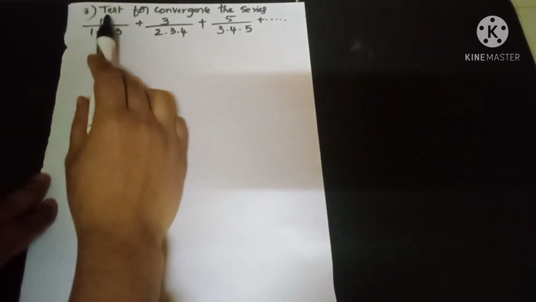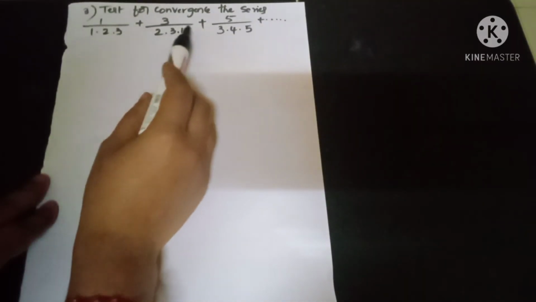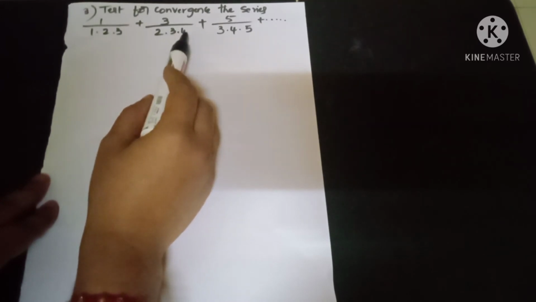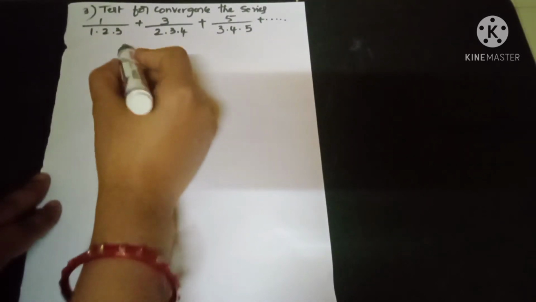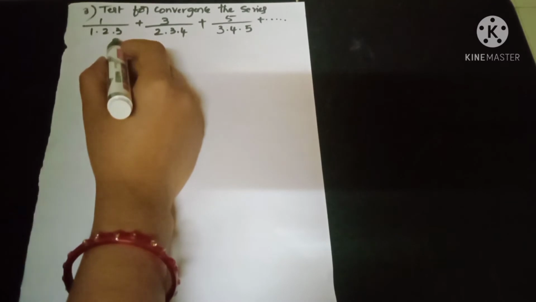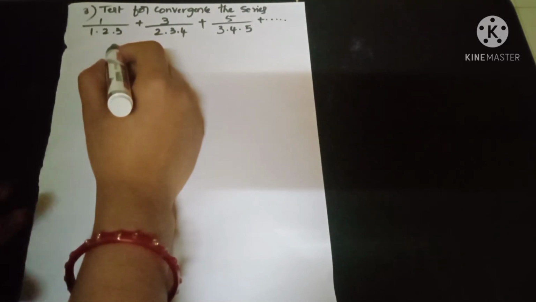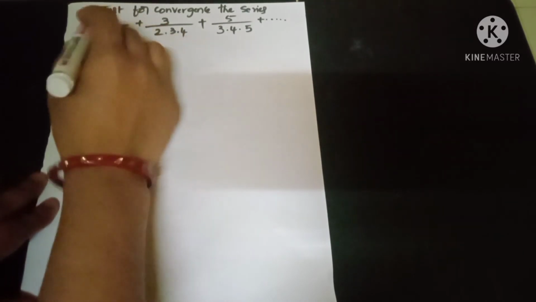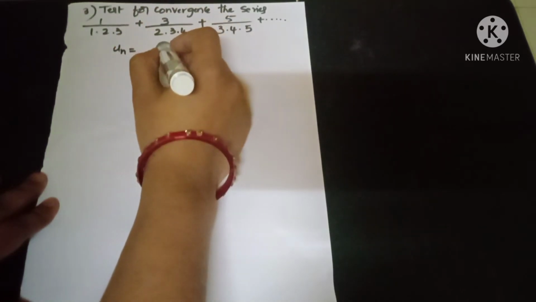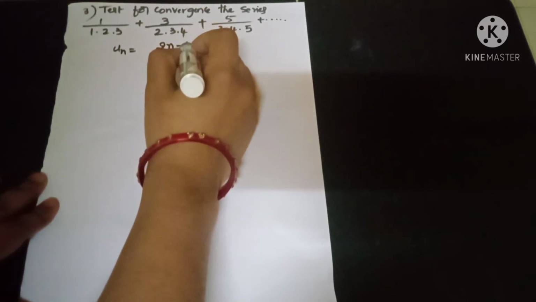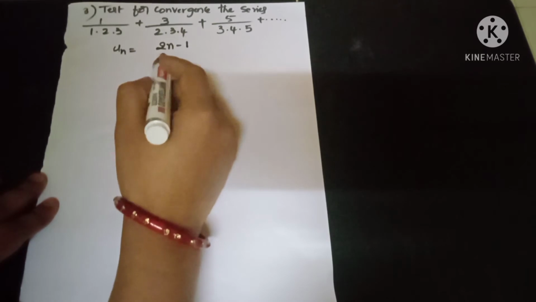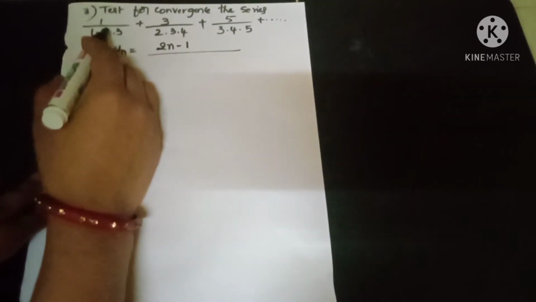Now let us test for convergence the series 1 upon 1 into 2 into 3 plus 3 upon 2 into 3 into 4 plus etc. Now in this series, un will be: 1, 3, 5 are odd numbers, so it will be of the form 2n minus 1, and in the denominator the successive terms are there, 1, 2, 3.